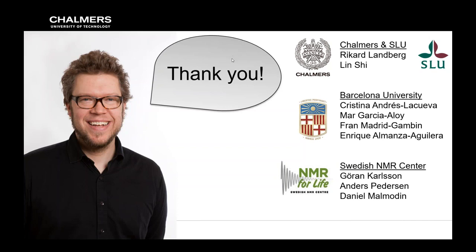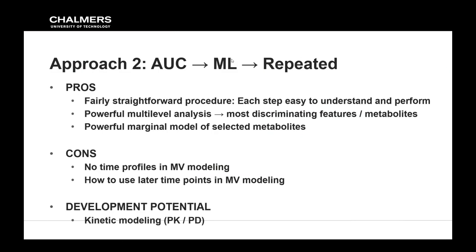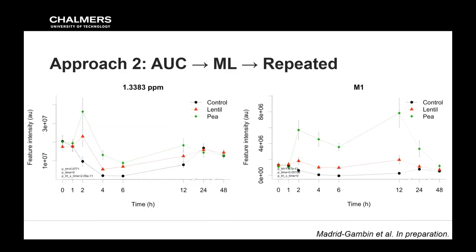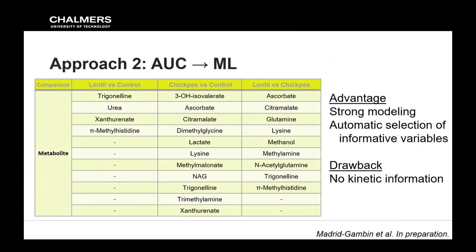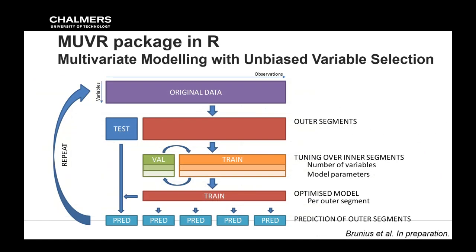So the first step is to divide the data into test data and the inner segment, and then you subdivide it again into the validation and training segments. Then we resample that inner part to do first one PLS, rank the variables, remove the poor variables, and do it again until we find an optimal setting.